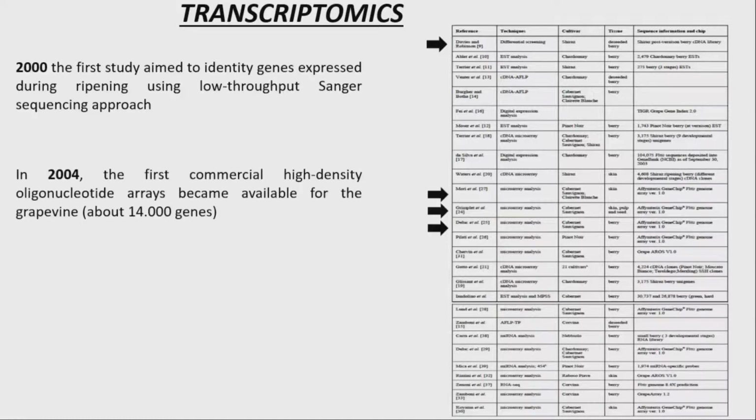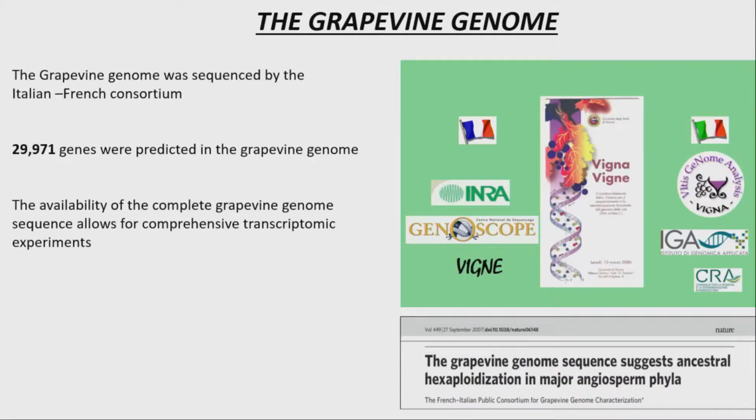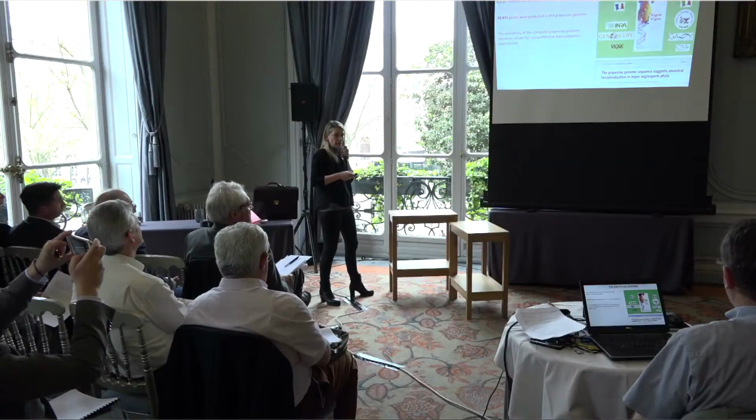Then the history of transcriptomics in grapevine is defined by the technological advances that improved a lot the power of these approaches. In particular, in 2007, there was the most important step in the improvement of transcriptomic experiments and platforms, which consisted in the genome sequence of grapevine.